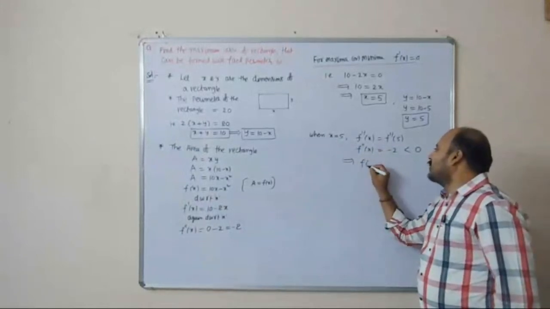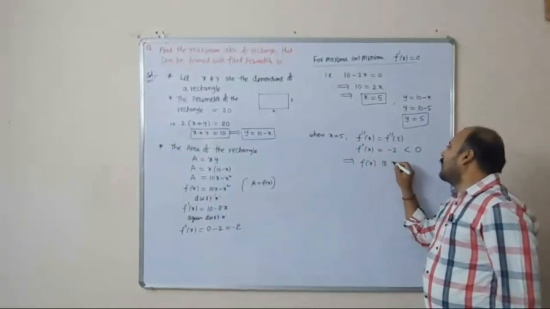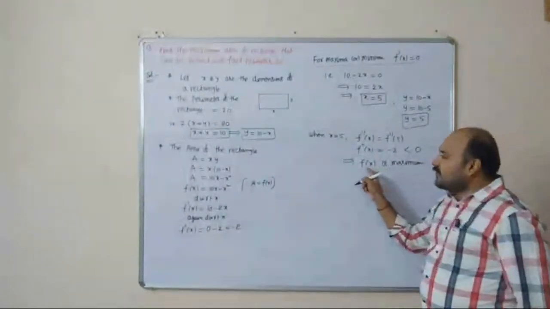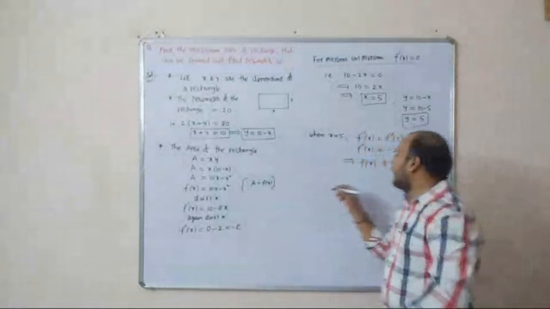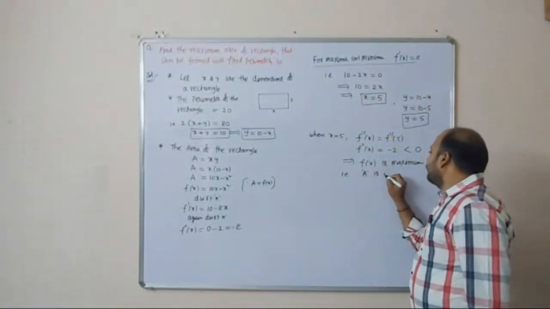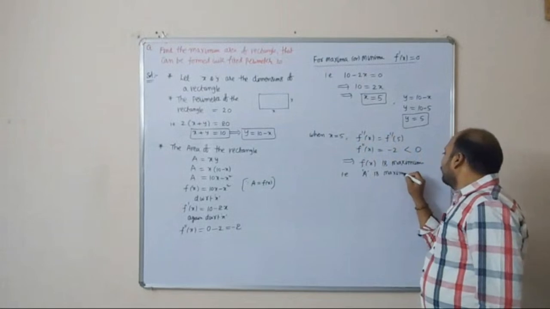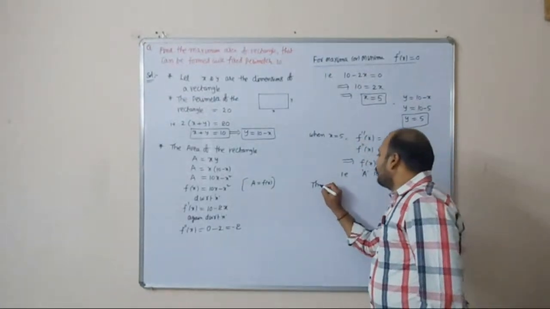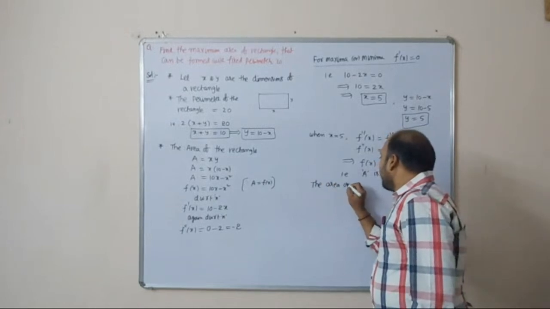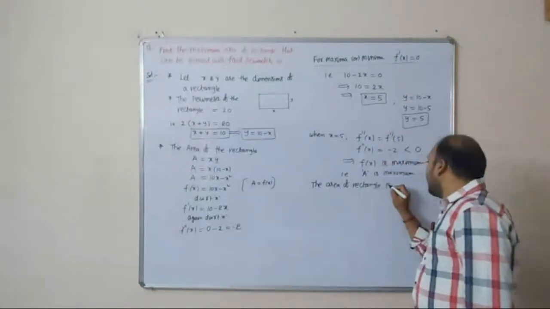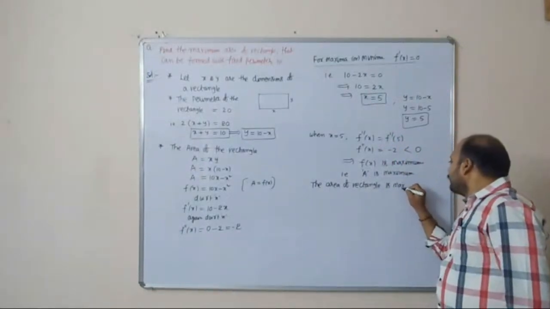In the previous problem also we got it: f of x is maximum. What is f of x here? We assumed the area of the rectangle, that is, A is maximum. A means the area of the rectangle. The area of the rectangle is maximum.